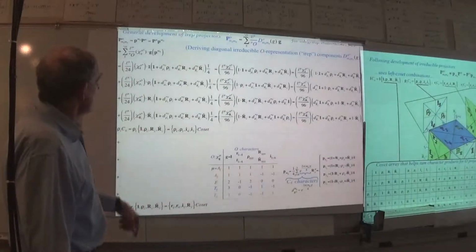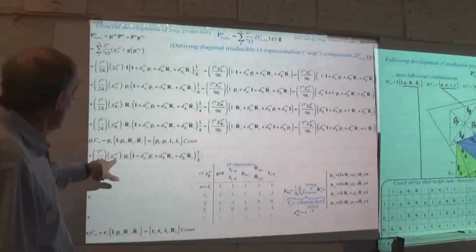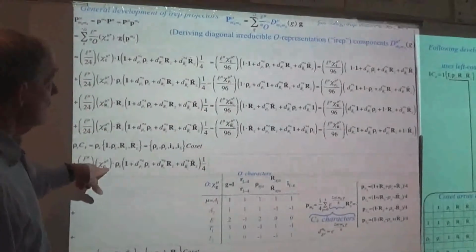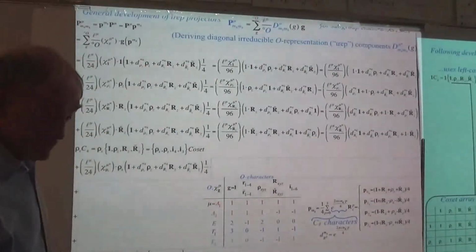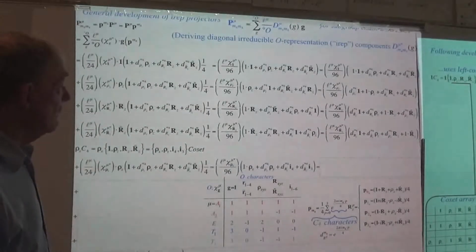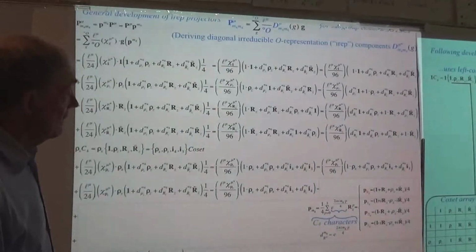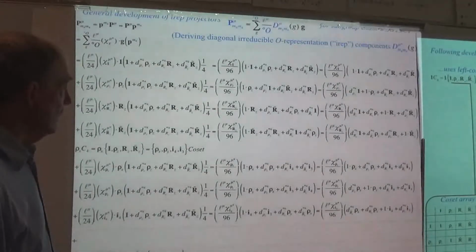Here's the RZ inverse element. Here's a row X now. There's the row Z. And you see, that's the problem, is we have to do more than just the one from each class. We have to do all 24.